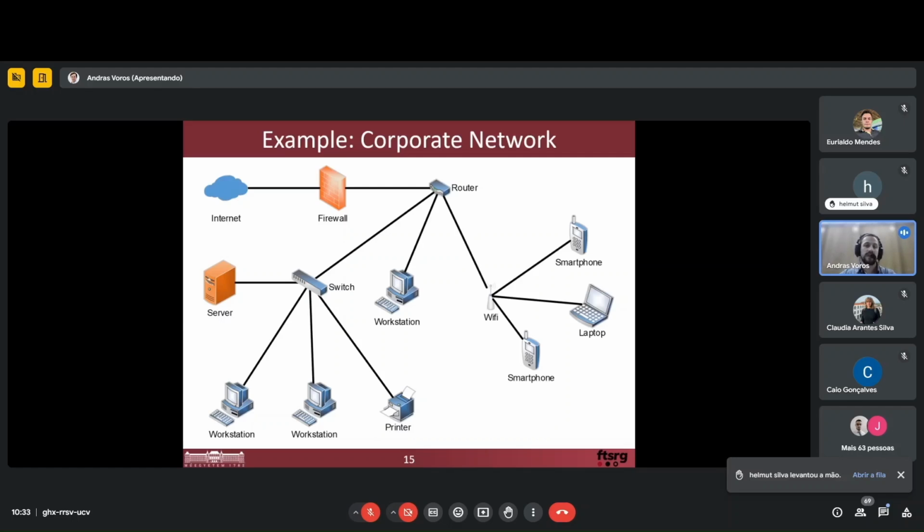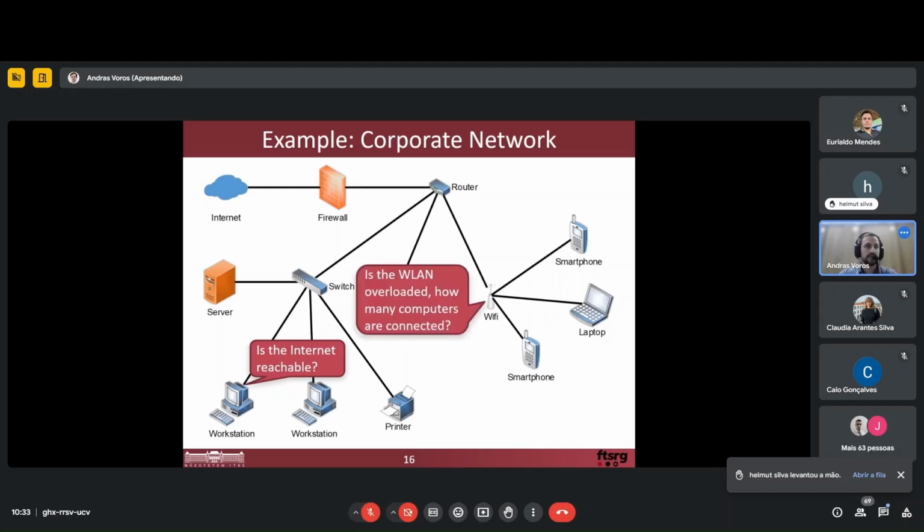For example, we can ask the question of, is the internet reachable from that workstation? Or we can ask, is the VLAN overloaded and how many computers are connected? And this question can be answered just by looking at the architecture, the structure.